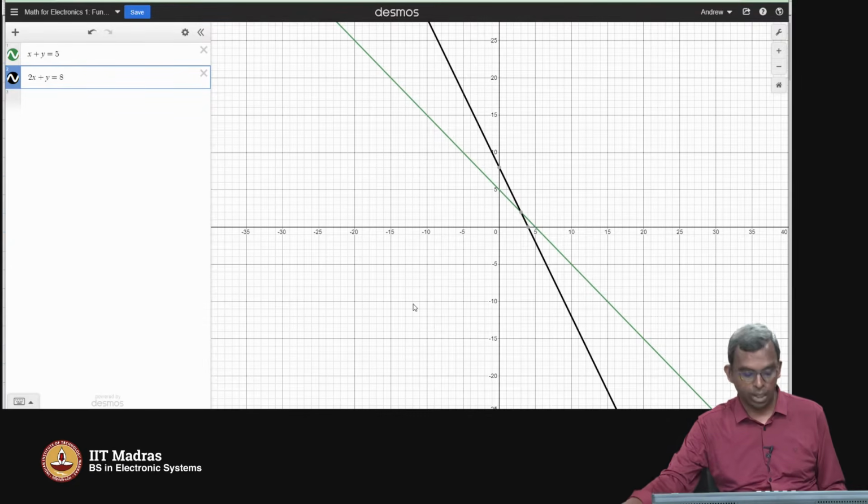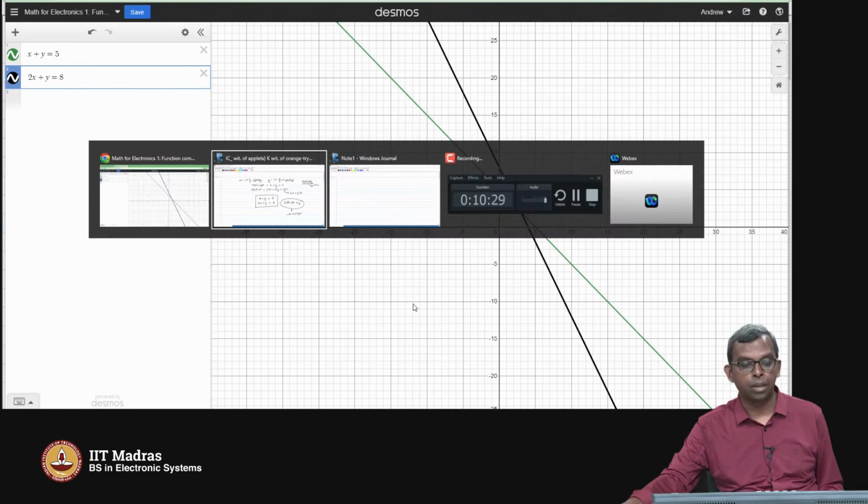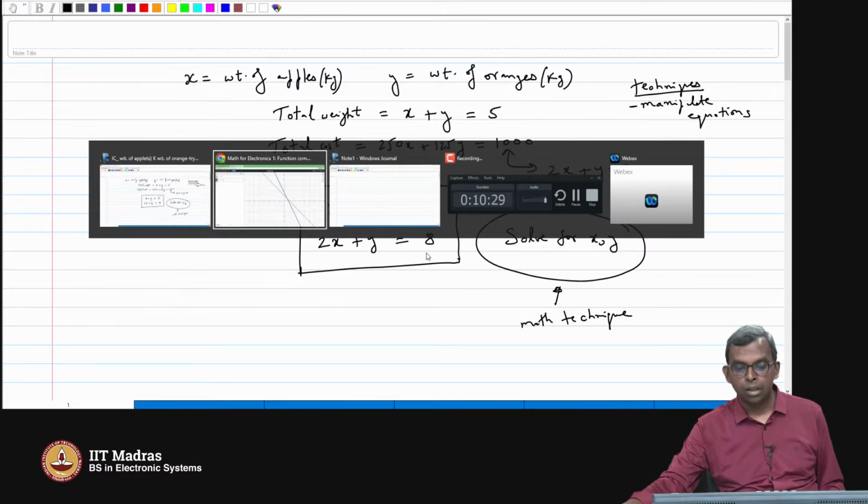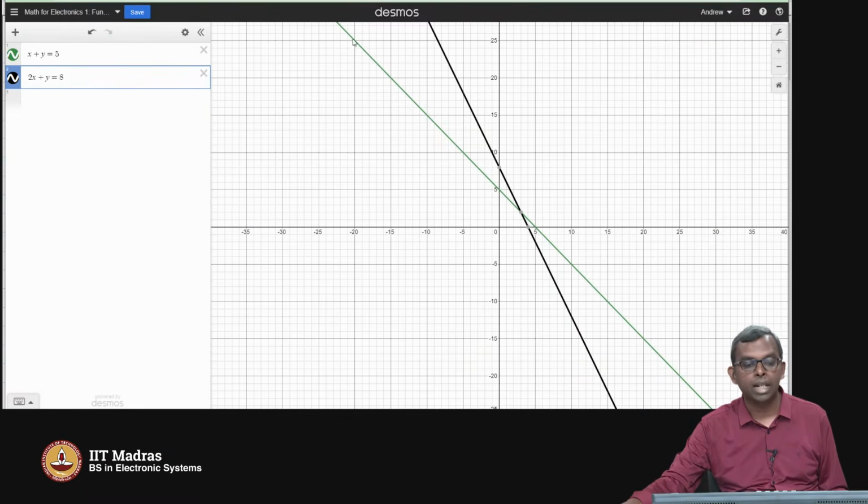Now, what do I know? My problem involves two equations and two variables, and I have to solve for x and y. X plus y is 5, 2x plus y is 8. The variables x and y have to satisfy both these conditions. All the x and y that satisfy condition 1 are on the green line, and all the x and y that satisfy condition 2 are on the black line.